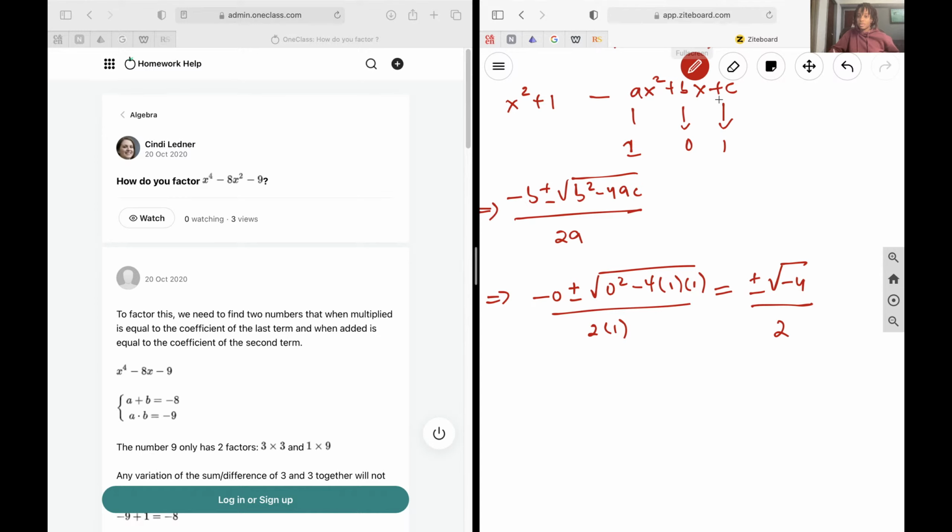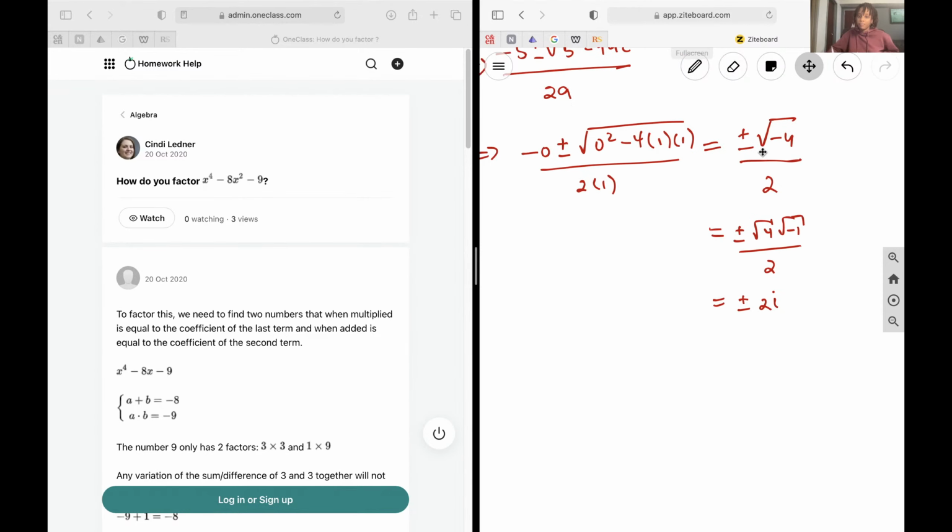I need to remember the property of square roots that just states that the square root of a times b is the same thing as the square root of a multiplied by the square root of b. So I'm going to apply that and pull out that 4. So I can get plus or minus the square root of 4 times the square root of negative 1 all over 2. Square root of 4 is 2. So plus or minus 2, and root negative 1 is a special number that we call i, over 2.